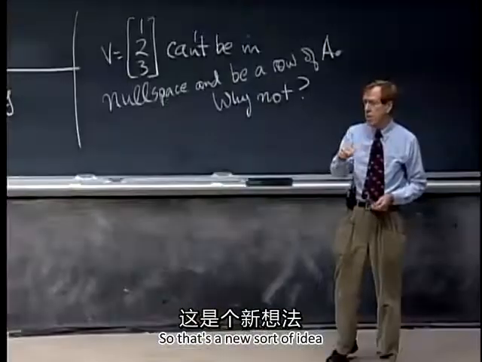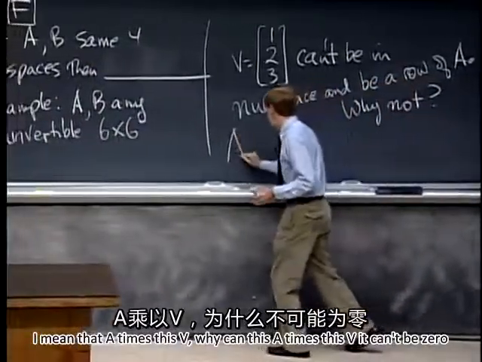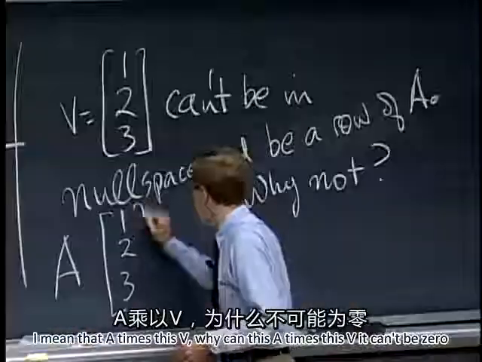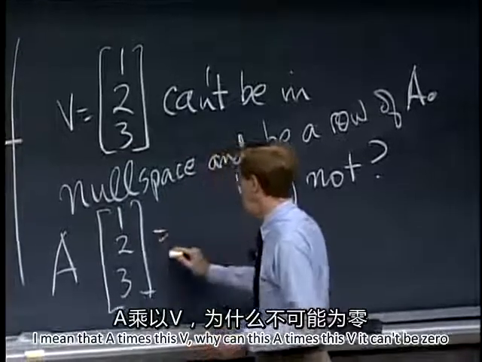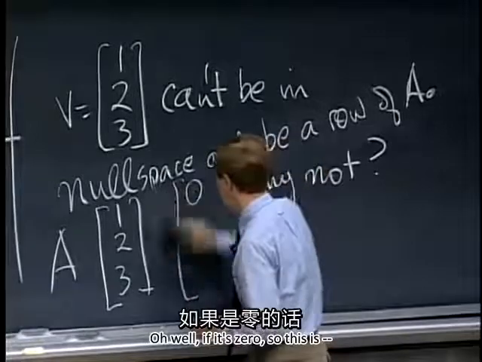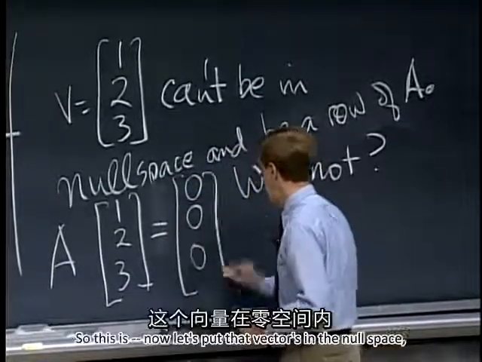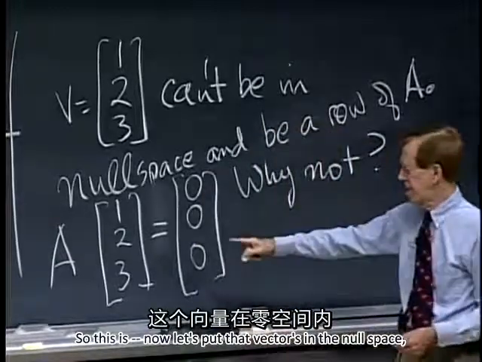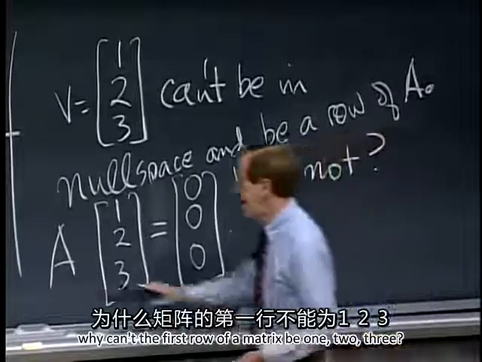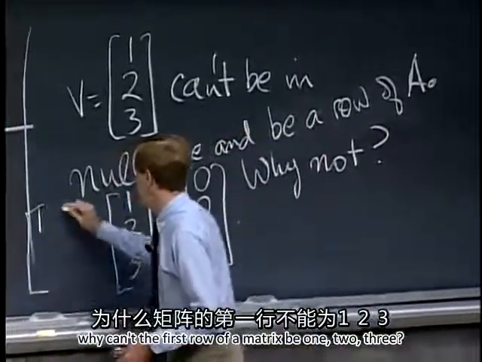So that's a new sort of idea. Let's just see what it would mean. I mean that A times this V can't be 0. Well, if it's 0, I'm getting it into the null space here. So now that vector is in the null space. Why can't the first row of the matrix be 1, 2, 3?